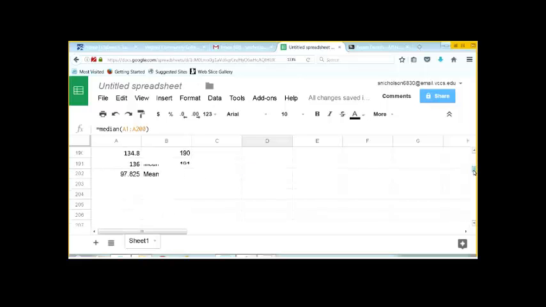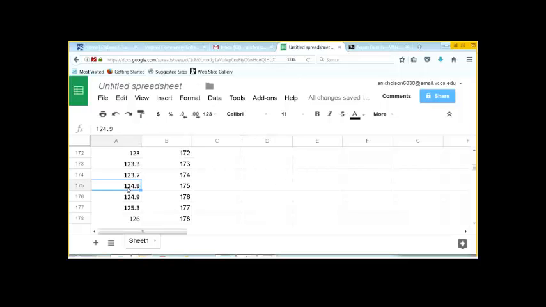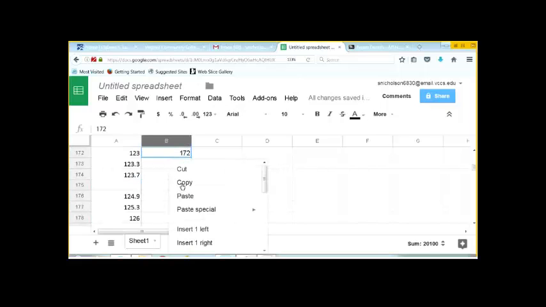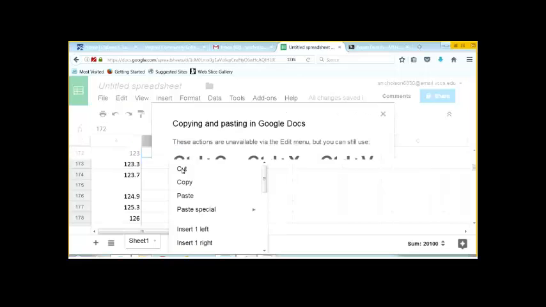Now what I'm going to do is take one of the data points and delete it, just to show you what happens when you have an odd number of data points. So I'm going to delete that, and actually let me delete this whole row. So let's cut that.